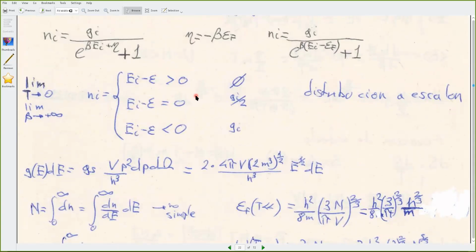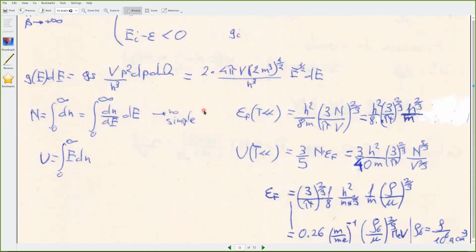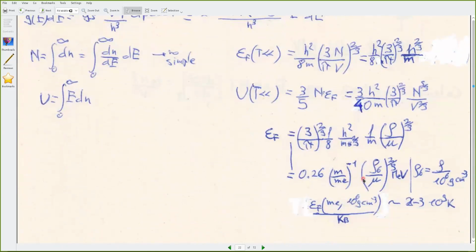So it starts to behave as imposed by this distribution. And for electrons, this means that the Fermi energy is like a chemical energy of about 2-3 billion Kelvin, so really high.